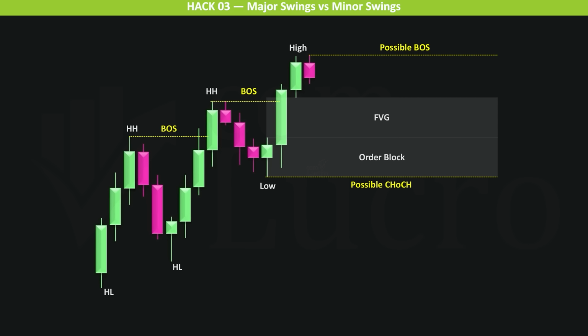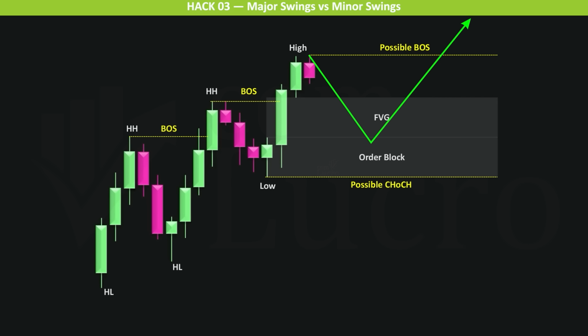When a pullback retraces into a demand zone that created a fair value gap, we expect a reaction, because price is rebalancing an imbalance, not reversing the trend. For this reason, demand zones that include fair value gaps are treated as major reference points for pullbacks, while zones without imbalances are considered minor.